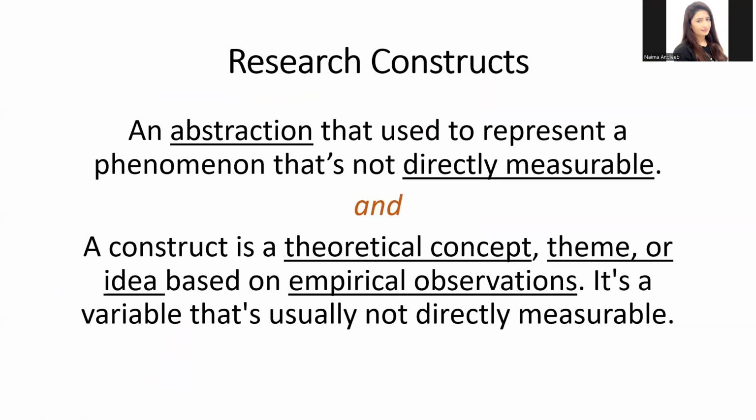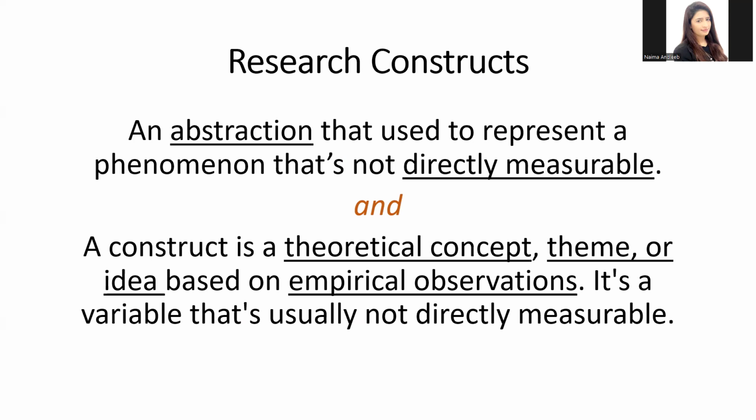Research construct: an abstraction that is used to represent a phenomenon that is not directly measurable. Abstraction means dealing with ideas instead of events. If you are dealing with events, 1, 2, 3, 4, 5, 10, 20 events, those events are countable and you can measure them.